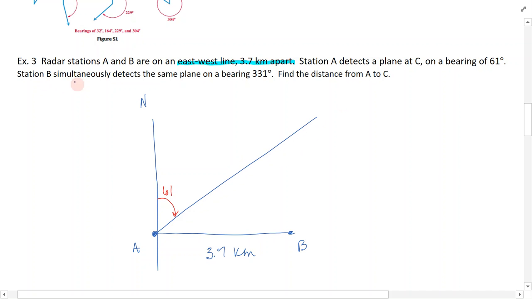Now let's identify the bearing of that plane based on station B. It says that it has a bearing of 331 degrees. Okay, so I'm going to come here, draw my northerly heading, and rotate 331 degrees clockwise. So rotating 331 degrees puts me rotating all the way around to 270 plus a little more, right?